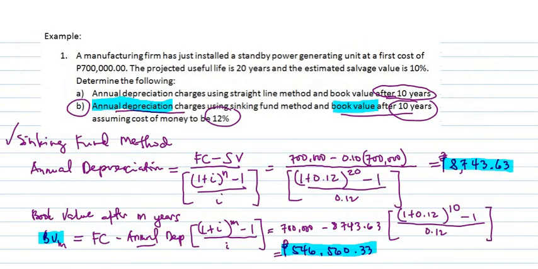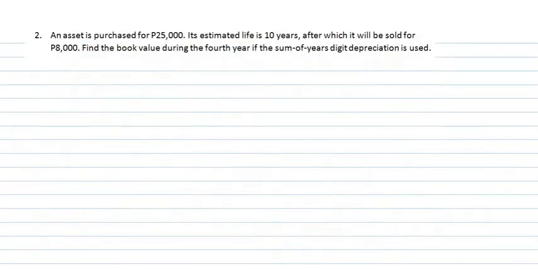Then we also have here the sinking fund method, and the next one is the sum of years digit method. To discuss the sum of years digit method, we go directly with the example.